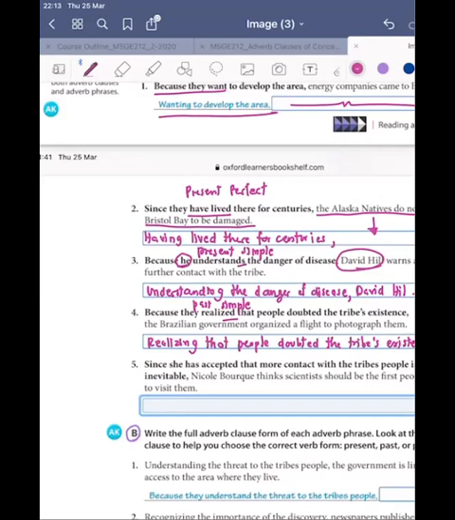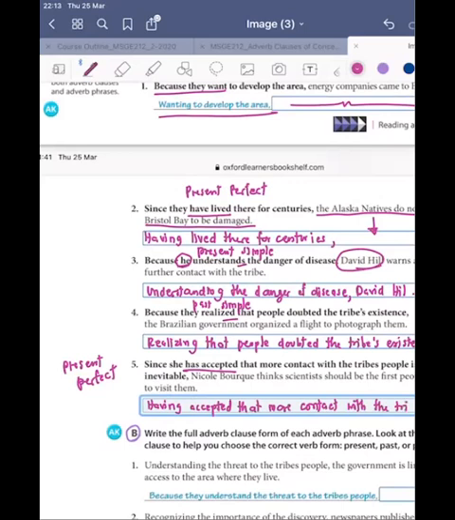Number 5, since she has accepted, here we go again with present perfect. So it has to be having accepted that more contact.